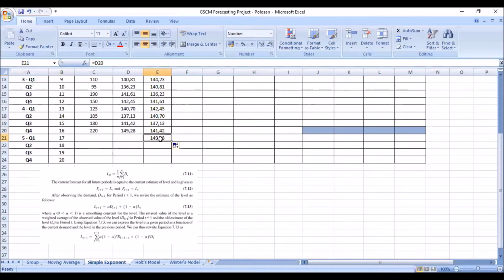The first forecast of the 5th year, or the first quarter of the 5th year, works just like in moving average: the exponential uses the same principle, where the first forecast of the future demand represents all the forecasts up ahead. So in this case, we just click it using equals, click the cell, and then drag it.